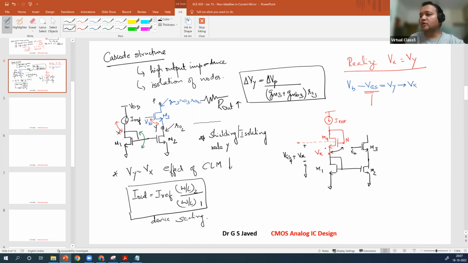Now, once you have VGS4, what is the value that you need to fulfill? VB minus VGS has to be equal to Vx. What will be the value of Vn that will satisfy this criterion? VGS4 plus Vx is the value present at Vn.